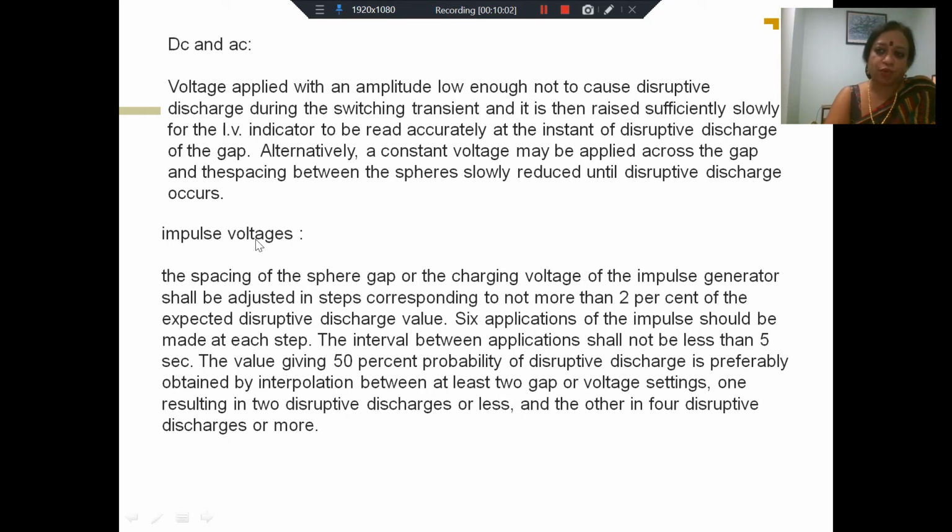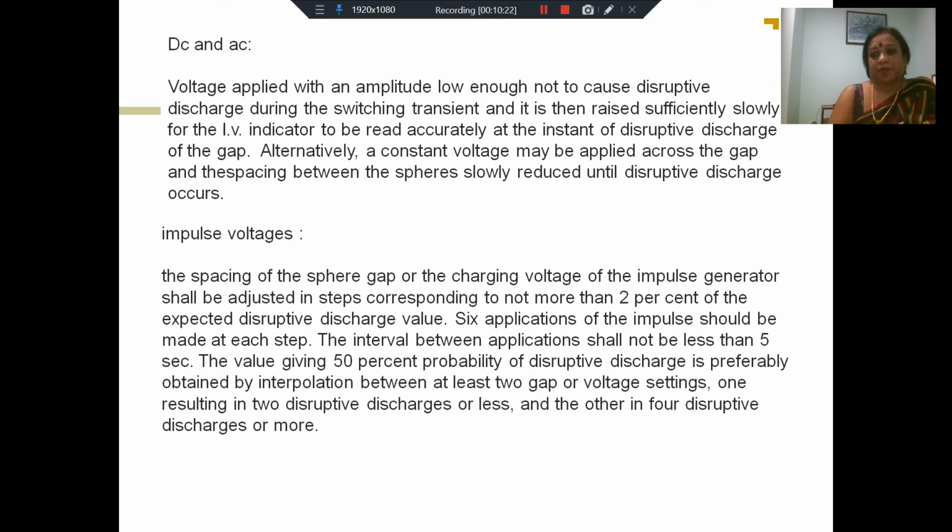For impulse voltages, however, the procedure is quite different. The spacing of the sphere gap or the charging voltage of the impulse generator is adjusted in steps, and these steps should not be more than 2% of the expected disruptive discharge value.